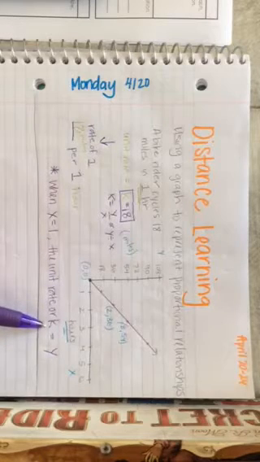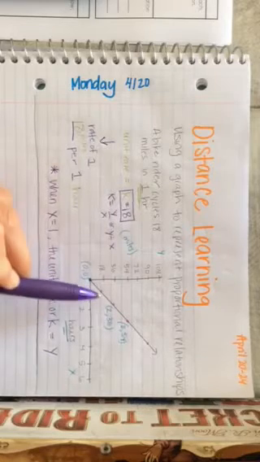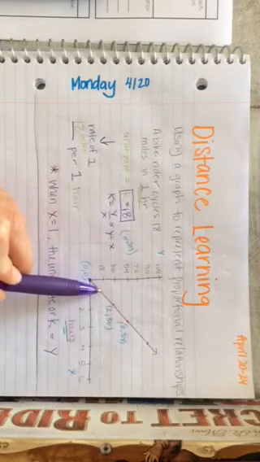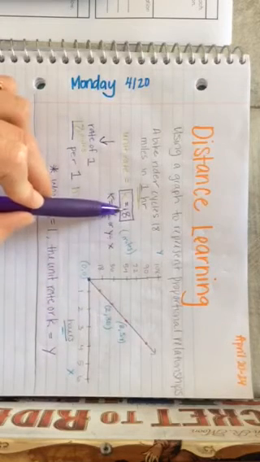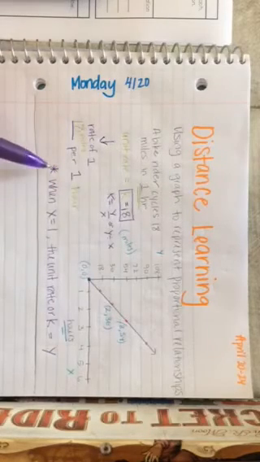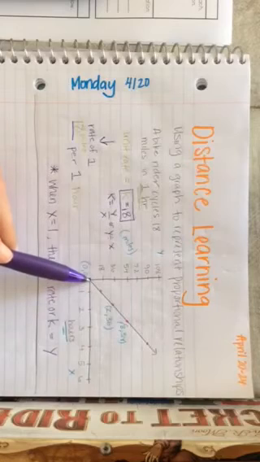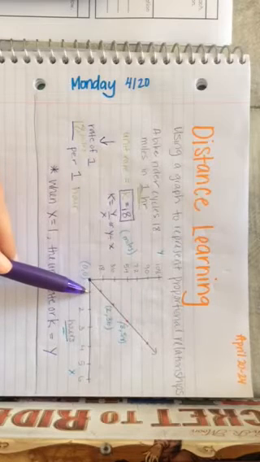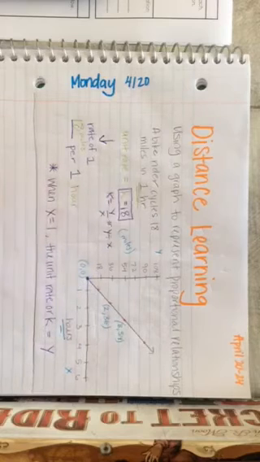When x is 1, the unit rate, or the constant, is y. So let's look at our graph here. When x is 1, what is y? Well, we can see that y is 18. Is that the same as the constant we found when we did y divided by x? Yes, it is. So that's just a quick trick to remember when you're looking at your graph. When x is 1, y is your unit rate or your constant.